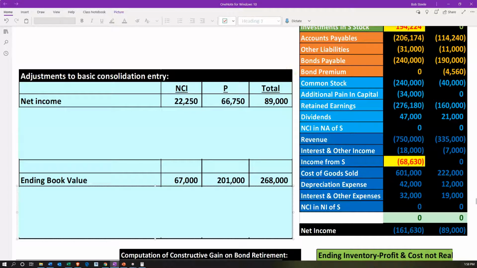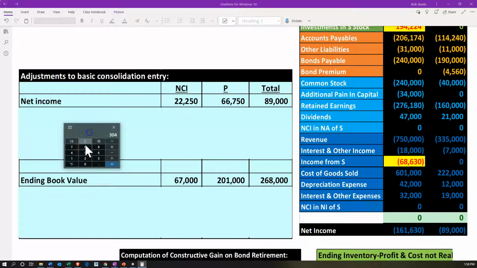That's going to be our starting point that we will adjust in a nice even way for our journal entry. That's going to be the 89,000 times the 0.75 controlling interest, which is the 66,750. Then we'll take that 89,000 times the 0.25, which of course is the 22,250.